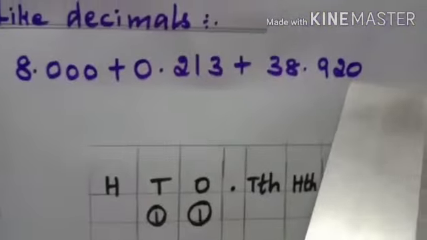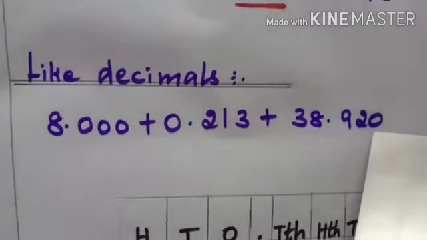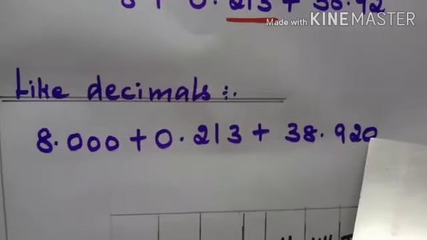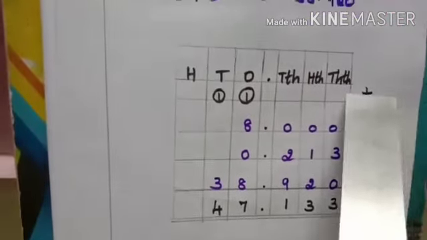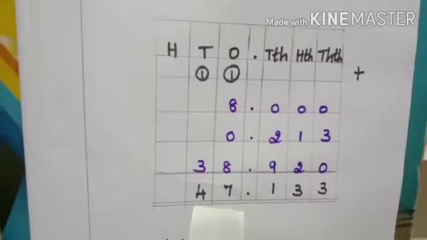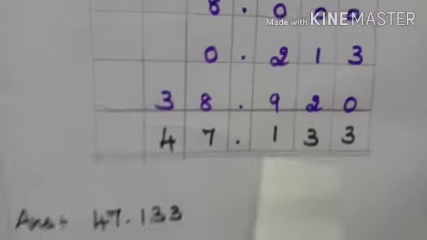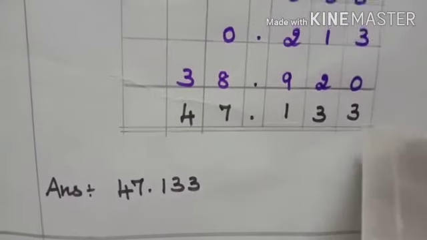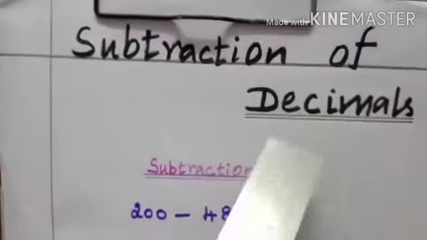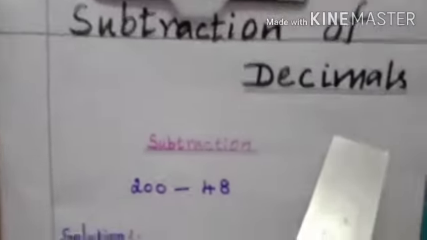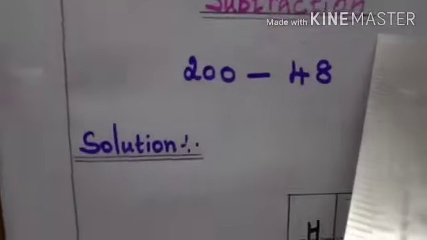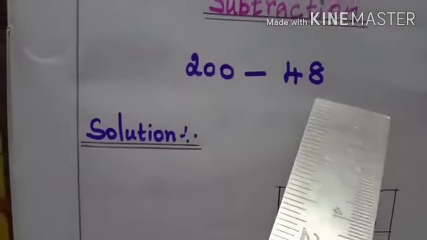We arrange them in columns and add the numbers. Here the answer is 47.133.